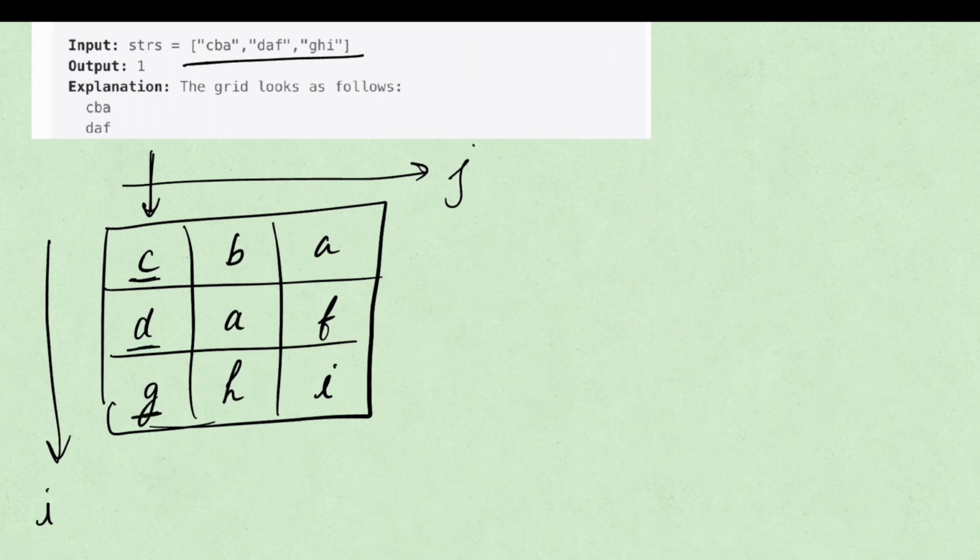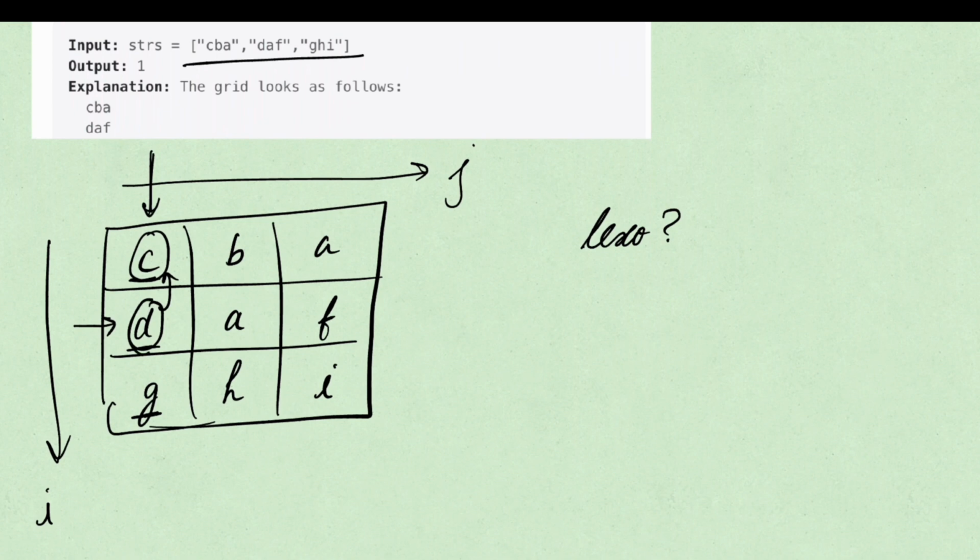And if they are not lexicographically sorted, then we'll return false. Now how to check whether they are lexicographically sorted or not, right? For that, we will start from the first index and compare this character with the character previous to it, right?